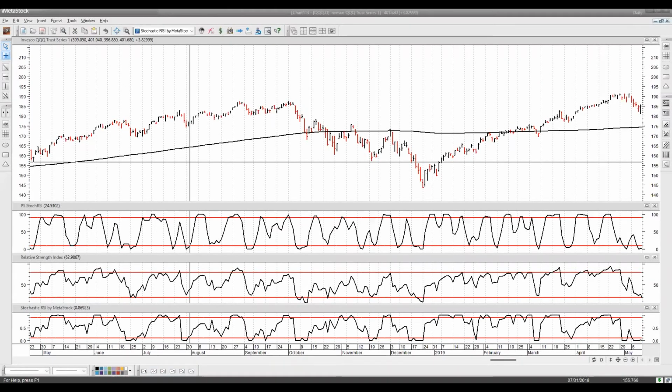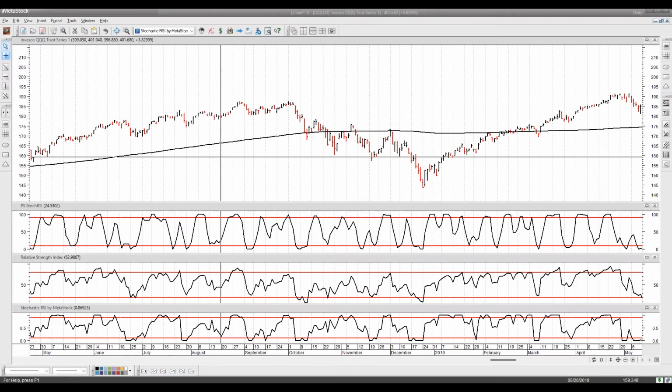Let's start with the QQQs. As we told you, Rule 1, we have macro indicators that tell us that this market is going up higher. Rule 2, we choose a stock that is uptrending. Rule 3, we look for the RSI indicators.